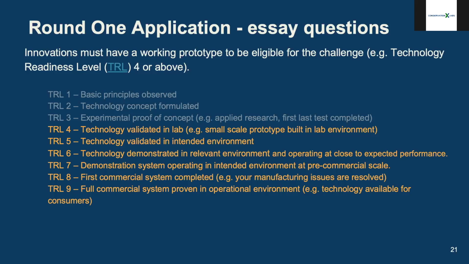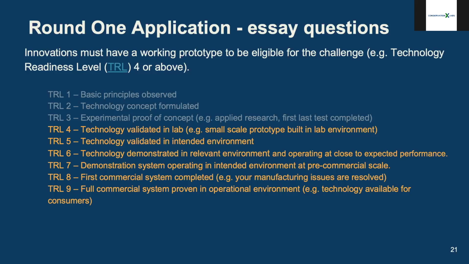If you look at TRL 1, 2, and 3, these are all really early ideas where you perhaps don't have something tangible or physically produced yet, where you're maybe at the idea stage, maybe you're running modeling experiments. At 4 is where some aspect of your innovation has been validated or tested in a lab setting.